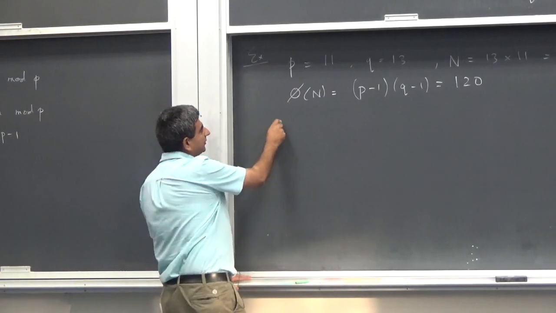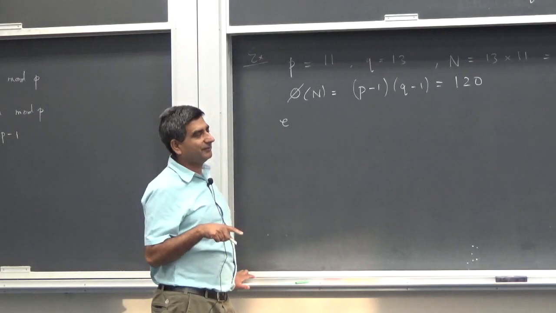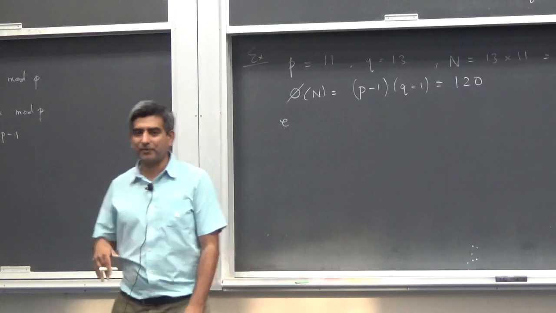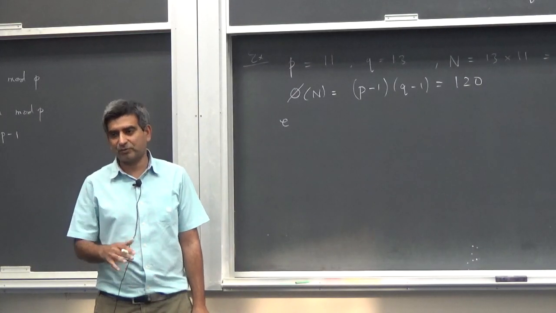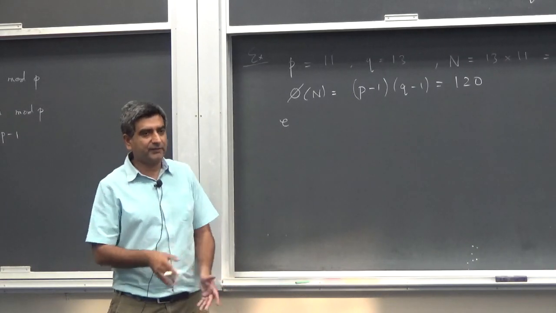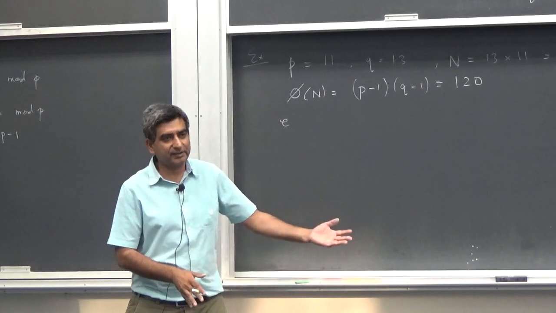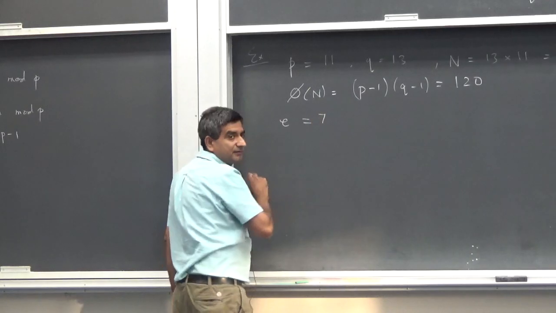So E is chosen such that it is co-prime with 120. So let's use the smallest E. Let's go from 1, we don't want to use 1, 2 is not co-prime, 3 is not co-prime, 4, 5, 6, 7. So let's use 7. You can use another E as well, but let's use 7.